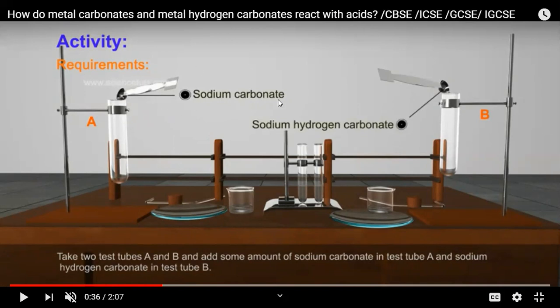That is why I have taken sodium carbonate, because sodium is a metal. Sodium carbonate will act as a metal carbonate and sodium hydrogen carbonate as a metal hydrogen carbonate. So I've taken one spatula of sodium carbonate in test tube A and one spatula of sodium hydrogen carbonate in test tube B, as you can see.